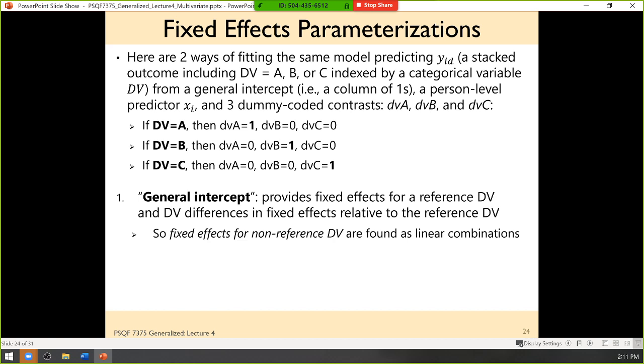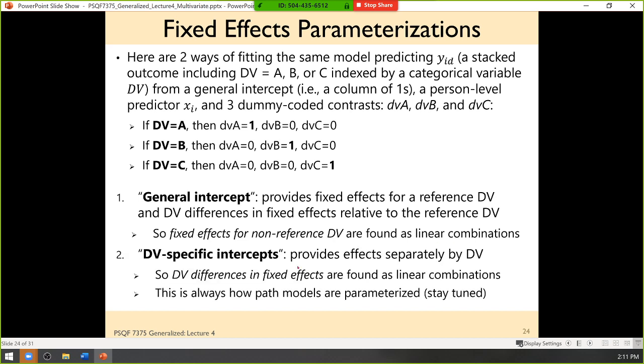So in example 4a, the response time for the low-low combination was the reference outcome. And then we had the dummy codes for meaning and salience that differentiated that reference outcome from each of the others. That's the general intercept. So any effect for a non-reference DV under that parameterization would have to be found as a linear combination through an estimate statement or a lincom.